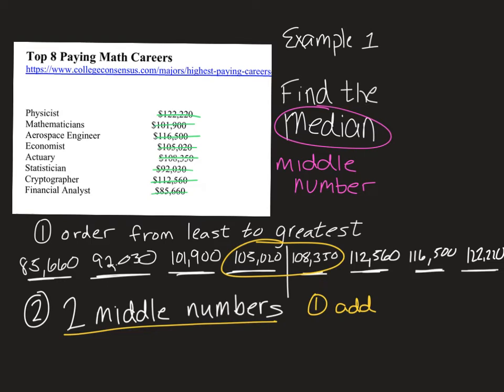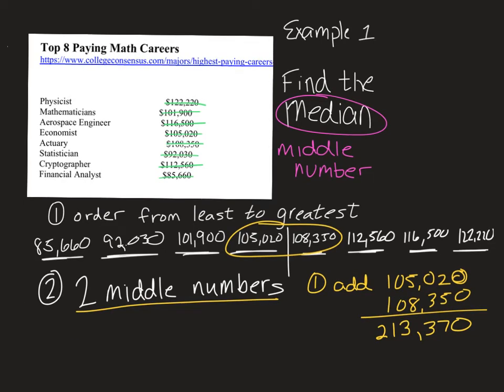Sorry about that, guys. So I'm going to add 105,020 plus 108,350. And when I added those together, I got 213,370. So step 1, we're going to add those two middle numbers together.